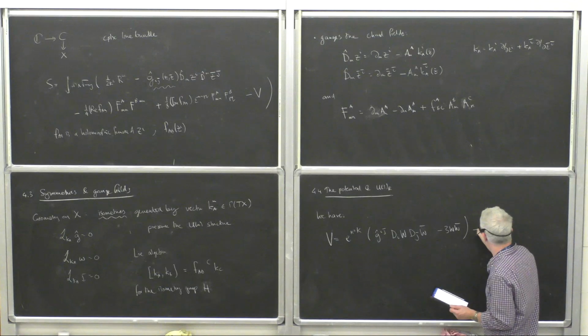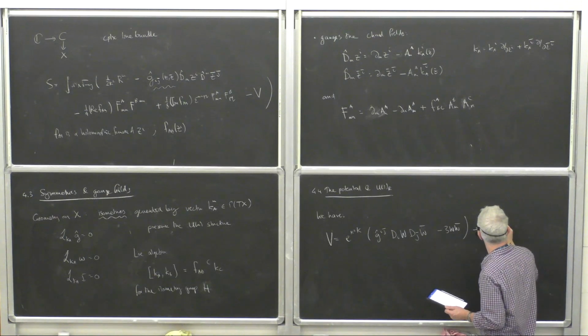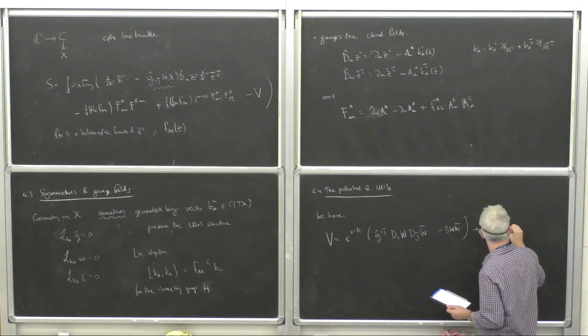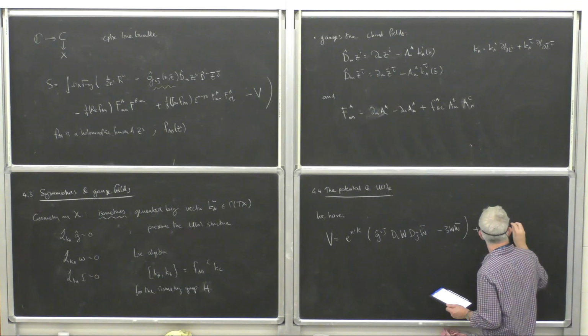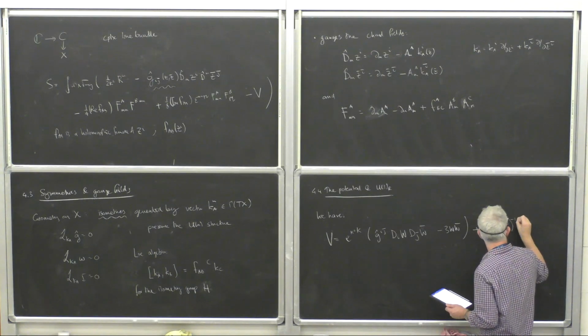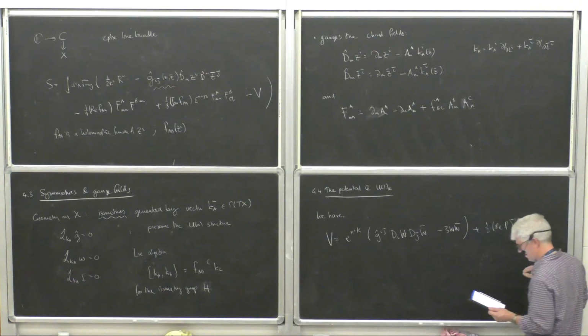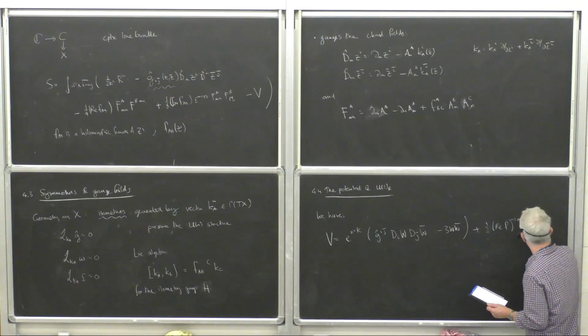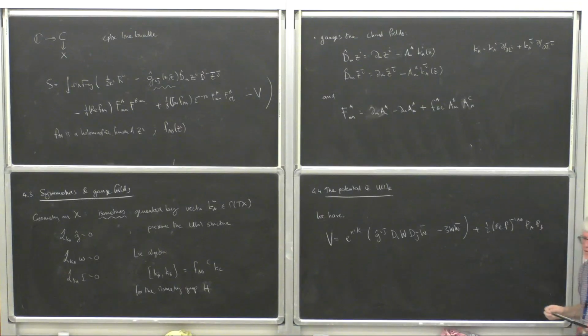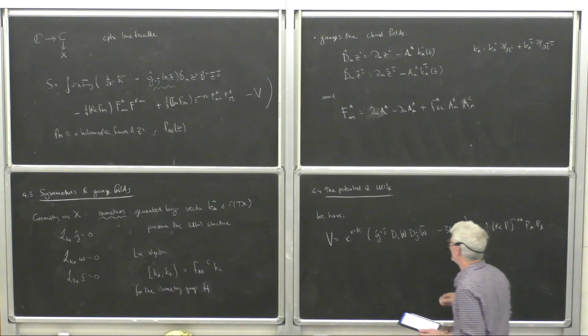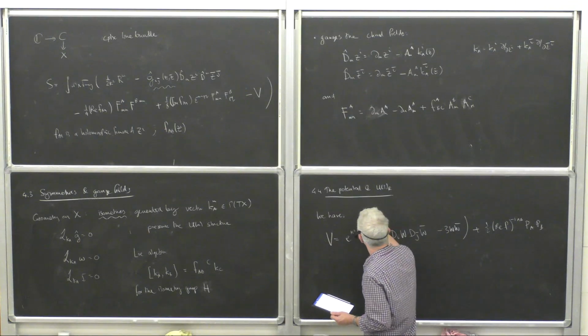And then I have a term that depends on the real part of f_AB. I take the inverse of that matrix and I contract with some things that I call P_A, P_B. Okay, so now I've got a bunch more things that I have to explain to you. This is the Kähler potential.